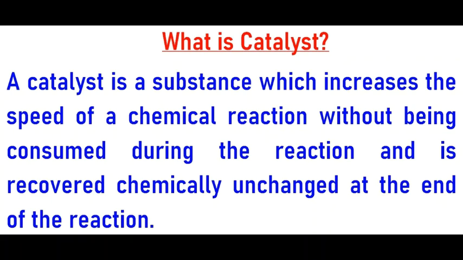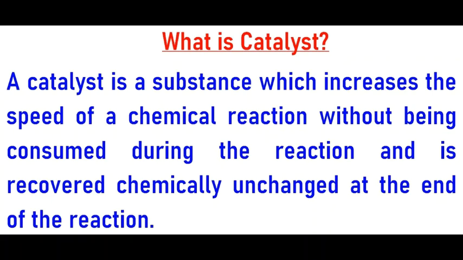A catalyst is a substance which increases the speed of a chemical reaction without being consumed. It does not react itself, it does not change itself during the reaction and is recovered chemically unchanged at the end of the reaction. It is the same at the beginning of the reaction, at the end of the reaction.